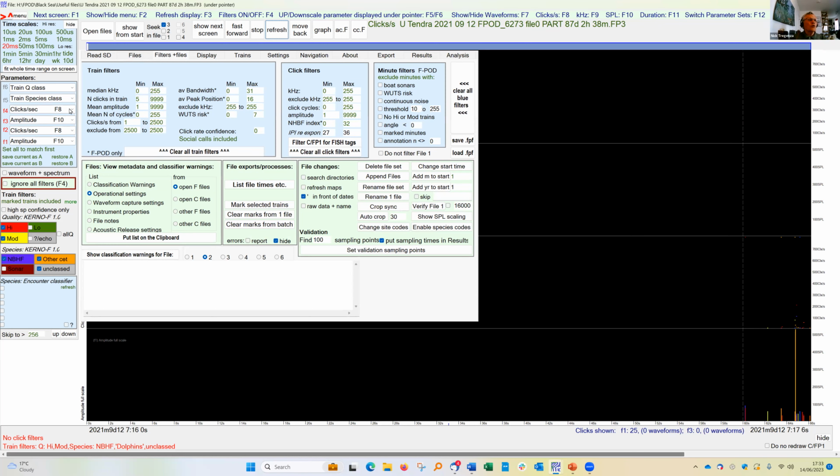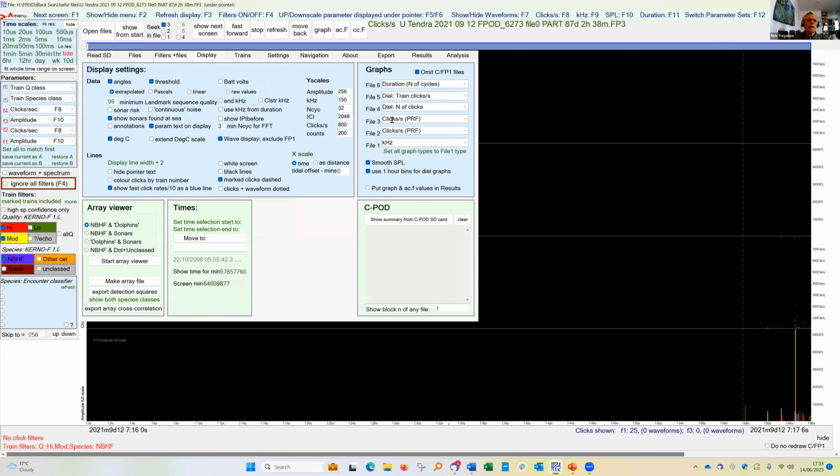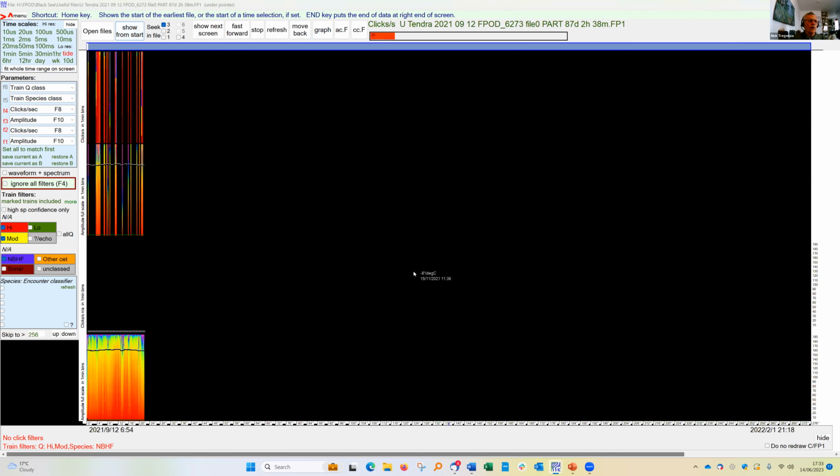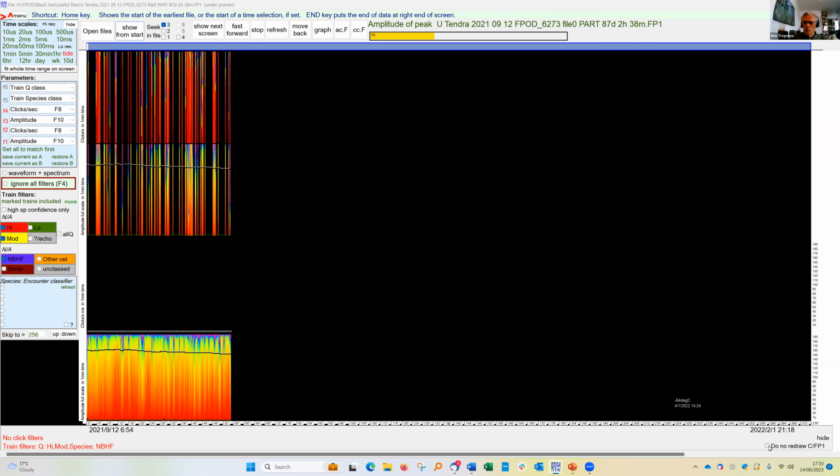So the approach here is to get the whole time range. We'll just for the moment look at porpoises, and look at the number of clicks per second. So we'll graph that. Okay, we have to do show from start.